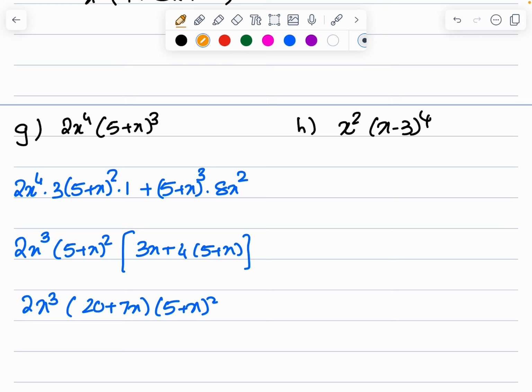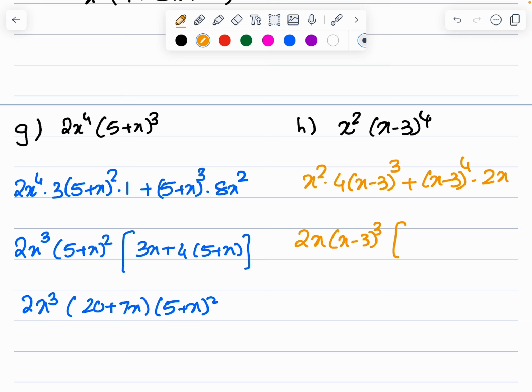Coming to H part, x square as it is, 4 times (x minus 3) whole to the power of 4 minus 1, which is 3. Next time (x minus 3) whole power 4 times x square derivative is 2x. Then what can I take common? 2x times (x minus 3) whole cube common.